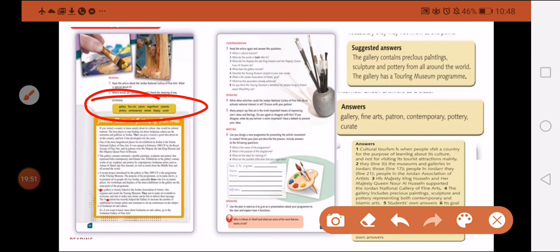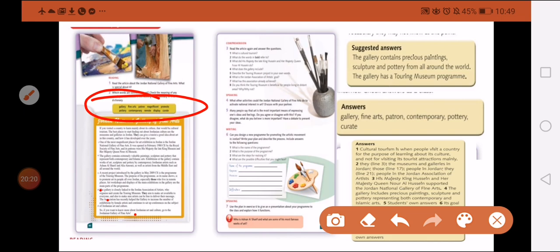Pottery is an object made of clay such as pots, معناه الفخار. نيجي على الفولوينج وورد اللي هي contemporary. Contemporary means معاصر. Here it is an adjective, related to the present or modern day.